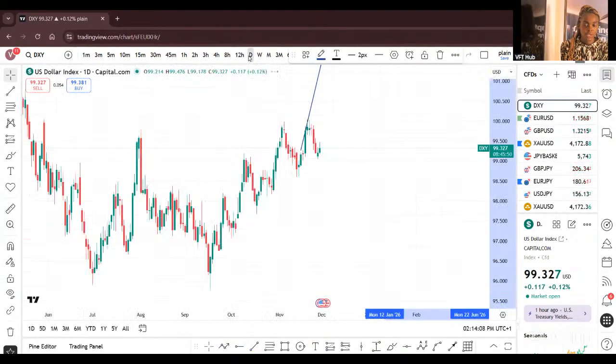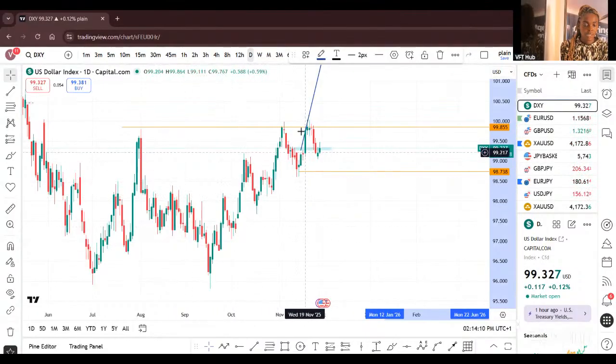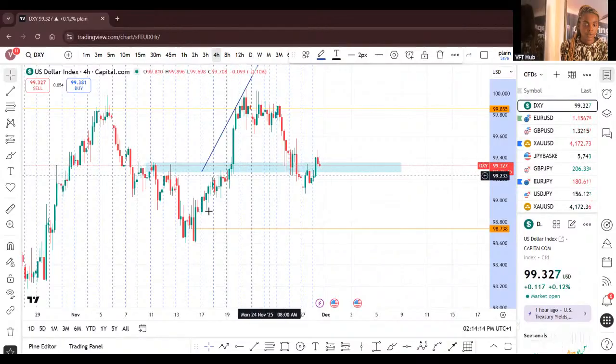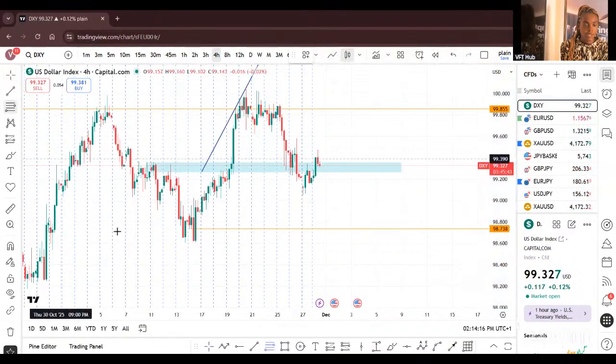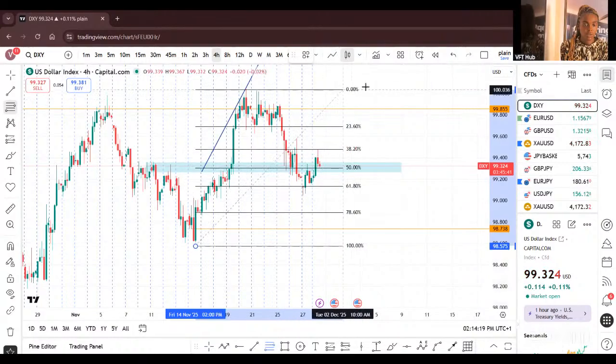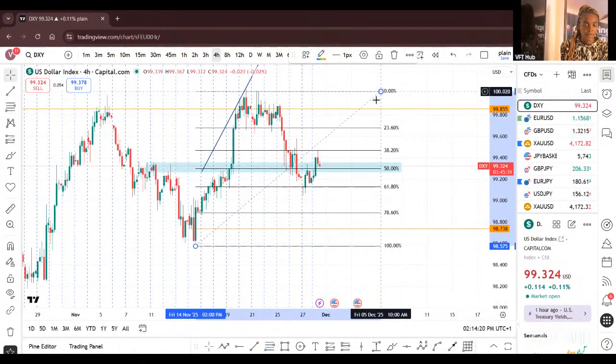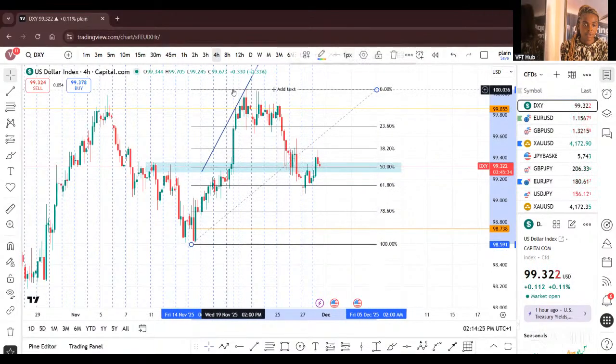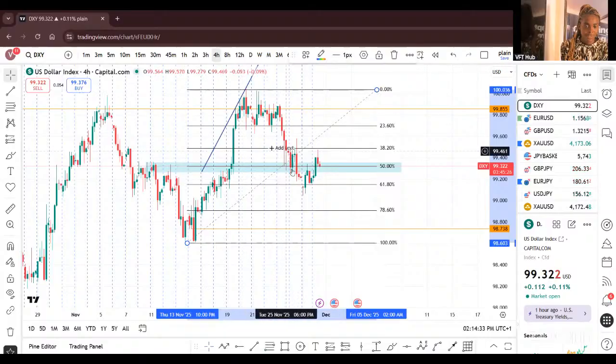Let's head down to the daily time frame. Daily time frame seems to be bullish, and the 4-hour time frame also. Let's flip this swing from point A to point B. Right here, price stepped into the 50% fib level, I beg your pardon, and held off that point.